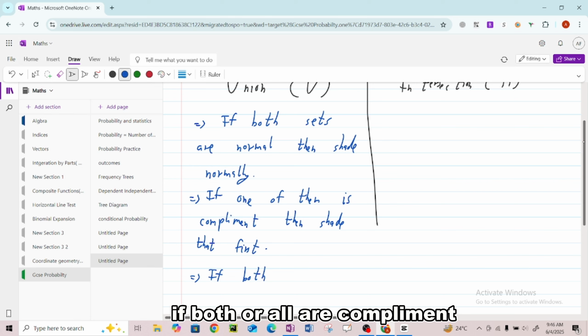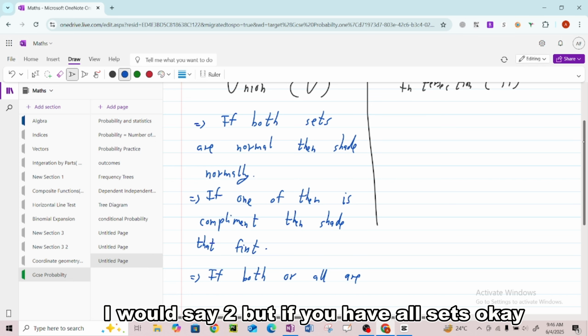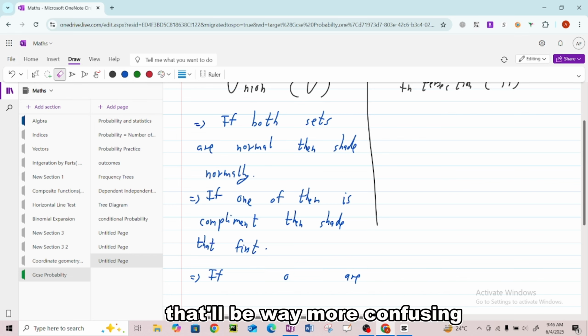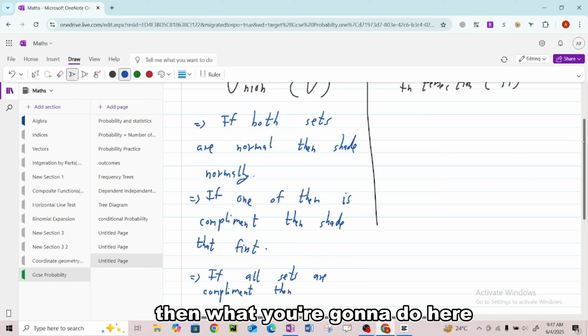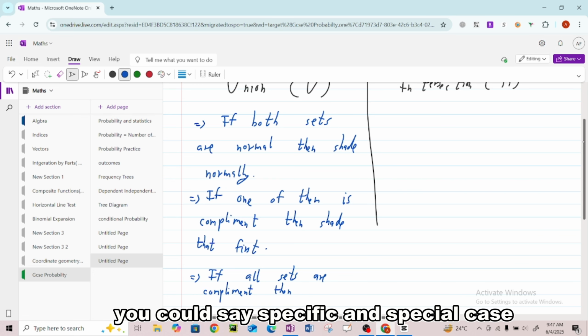Last one, if all sets are complement. I would say both, meaning two sets, but if you have all sets, let me just write all instead of both, that'll be less confusing. If all sets are complement, then this is a very rare case, or rather a very specific and special case.